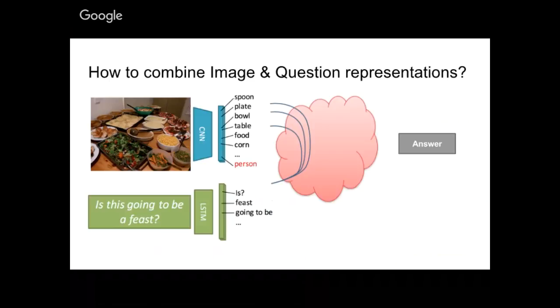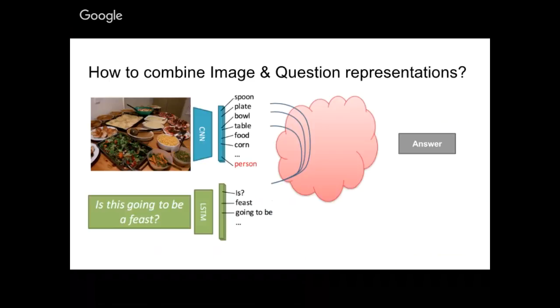What the authors of this paper tried to tackle in this work is precisely how to combine the information from the image and the information from the question in order to have a very good representation for answering this question. If we suppose that we use a CNN for describing the picture, we would have information about, let's say, the objects that appear in that image.